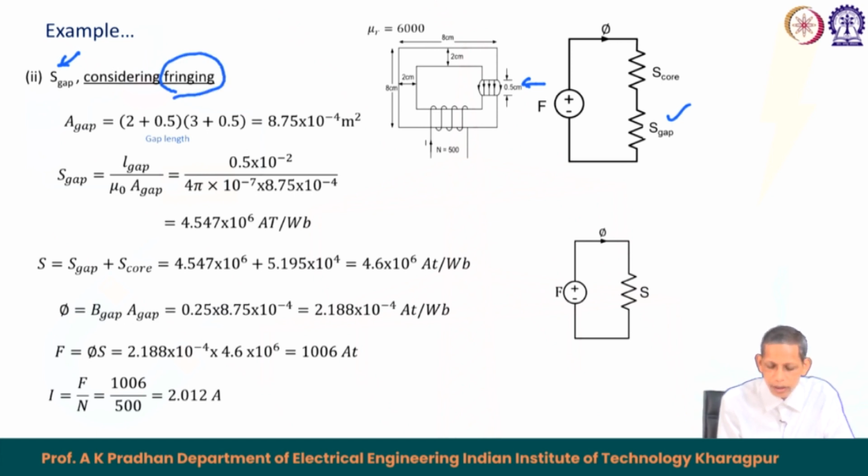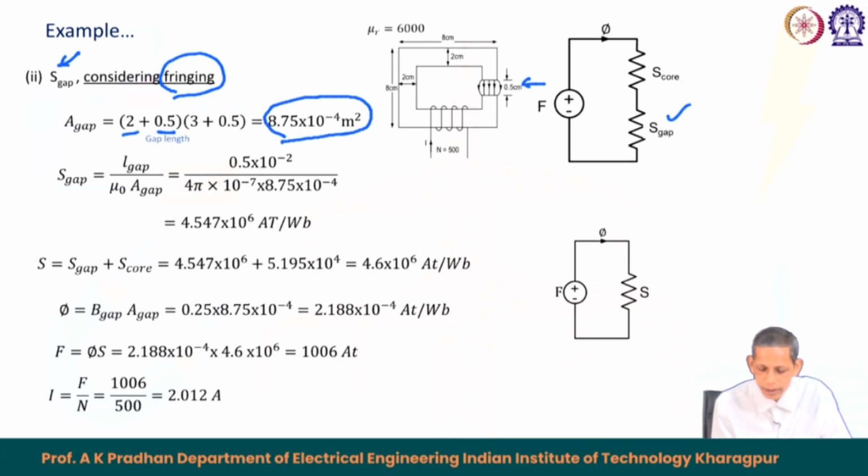Earlier A was 2 into 3, but for fringing, there is an empirical formula: you add the gap length both to the width and the depth. So, width is 2 centimeter, so 2 plus 0.5, and 3 plus 0.5. The air gap is added to both the width and depth, and the corresponding area becomes 8.75 into 10 to the minus 4 meter square.